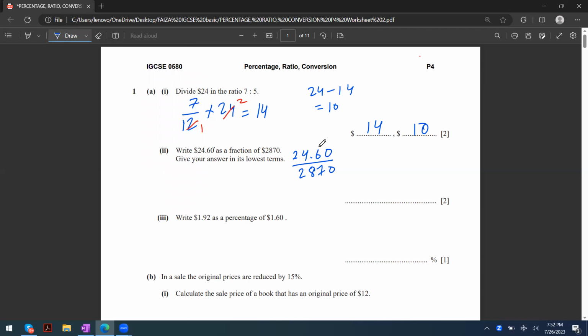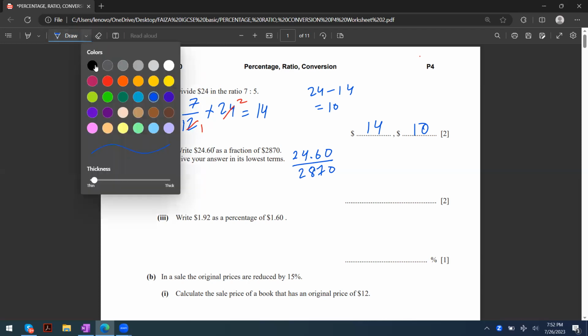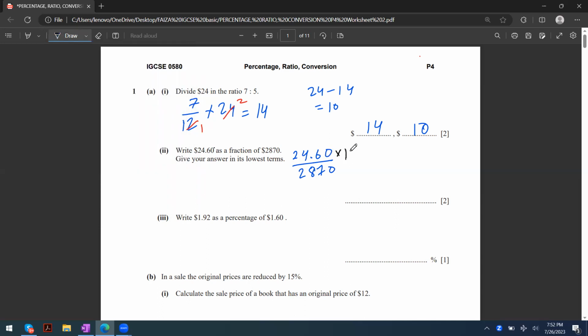My method is, you can use a calculator also, but my method is, you want to remove the decimal, you multiply with 100 and also divide with 100. When you multiply with 100, this will become 2460 divided by 287000.